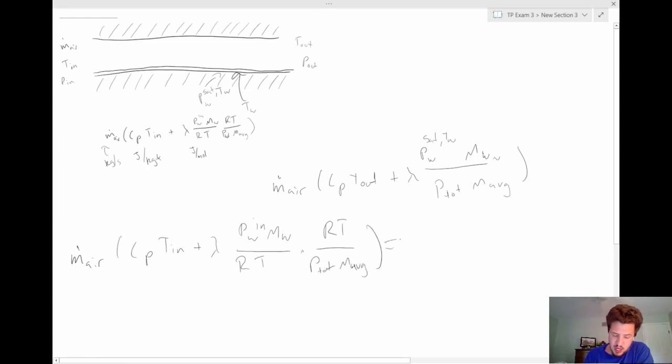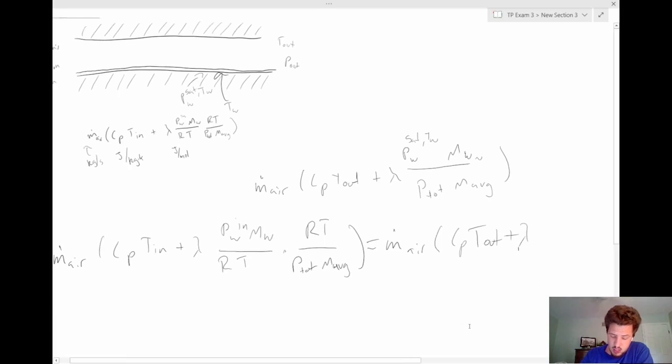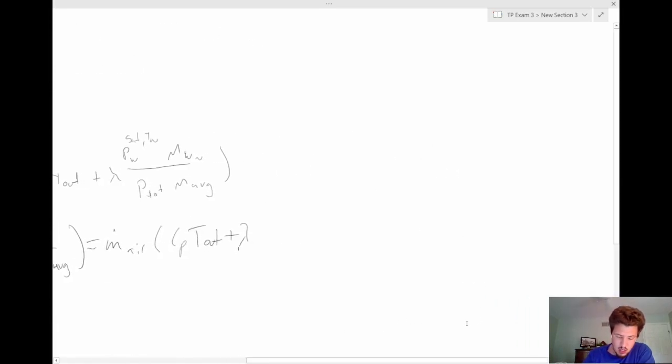And this is equal to the enthalpy out, which is the molar flow rate of air times Cp, the heat capacity, times the temperature out, plus lambda, the heat of vaporization, times the saturation partial pressure of the gas at the end of the tube, multiplied by the molecular weight of water divided by the total pressure of the system times the average molecular weight of the mixed gas.